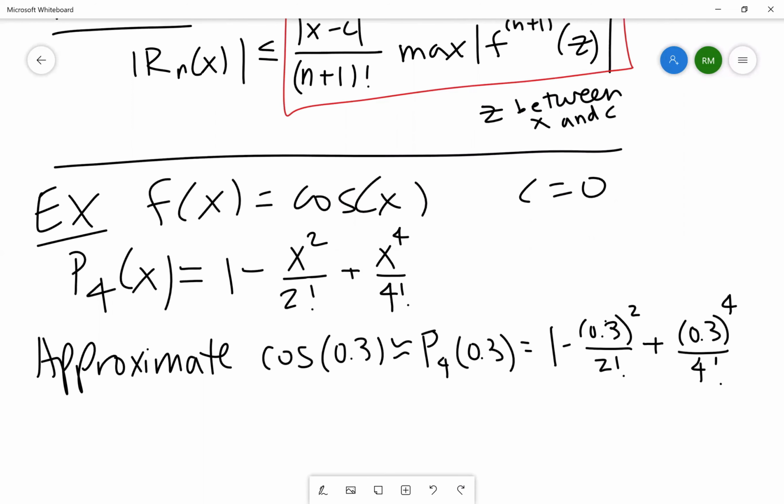All right, that's our approximation for the cosine of 0.3. How close are we?